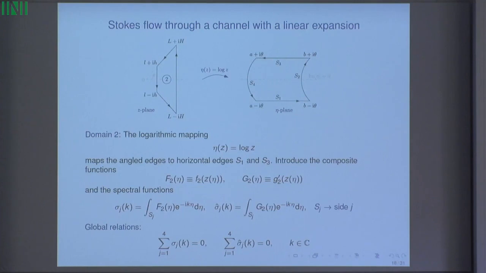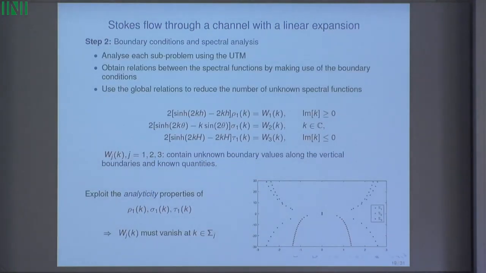So what we are going to do next is, for each subdomain, analyze the boundary conditions that we have, so that we can find relations between these spectral functions, rho j, sigma j, etc. For each sub-problem, we use the unified transform method to obtain relations between the transforms of the unknown data on each side.